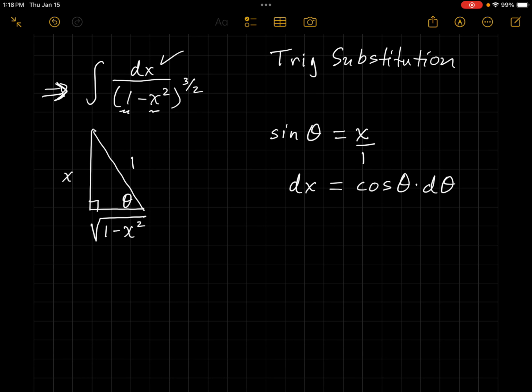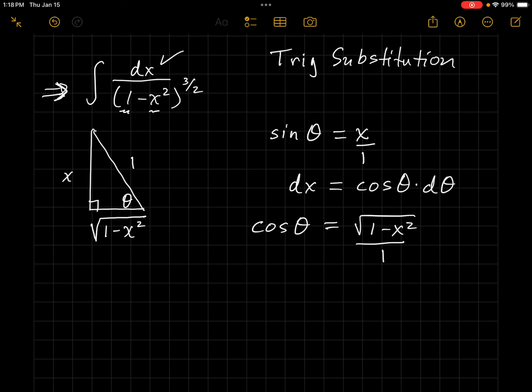Now let's look at the denominator. Going back to our right triangle, we see that the cosine of theta equals root 1 minus x squared, or root 1 minus x squared over 1, because cosine is adjacent over hypotenuse.